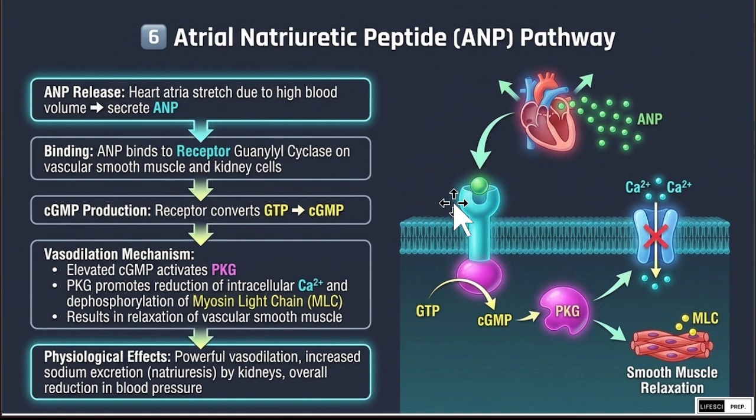Let's talk about atrial natriuretic peptide ANP pathway.